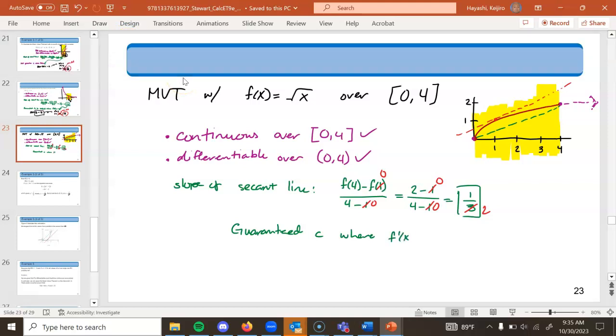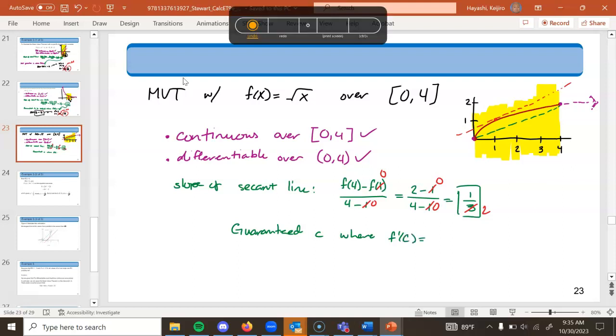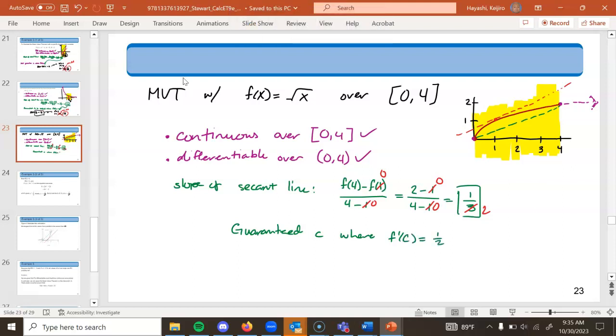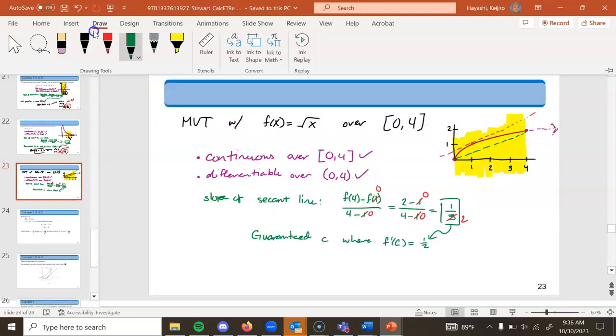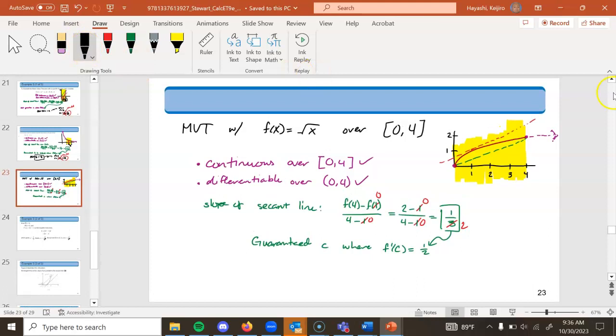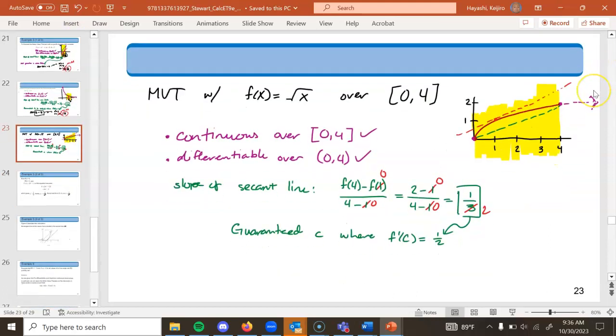Let's see, we're f prime of c, right, is equal to that 1/2. So since you're guaranteed that, you get to take f prime of x and set it equal to 1/2 and find out where that happens.